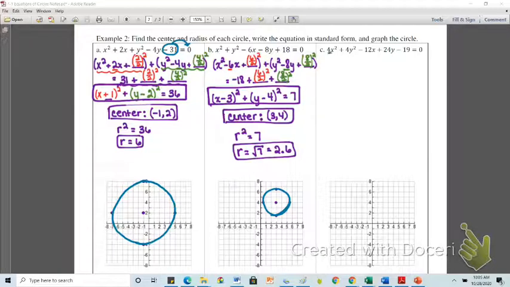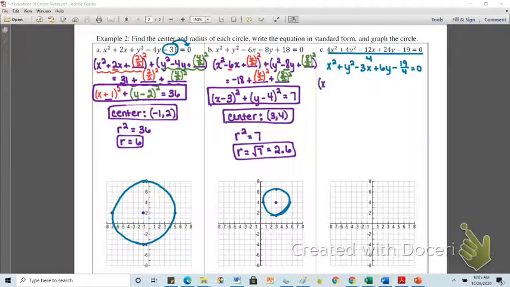So first thing I'm going to do is I'm going to divide everything by 4. I get x squared plus y squared minus 3x plus 6y minus, and we're going to leave it as 19/4. It will work its way out in the end. So let's regroup.